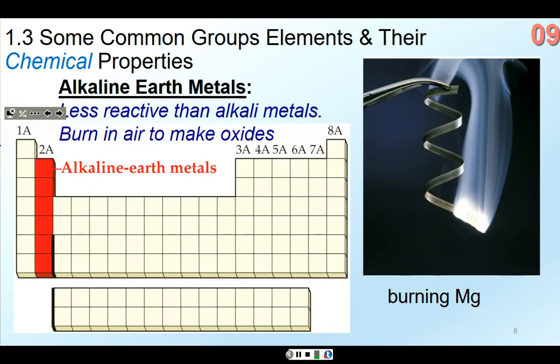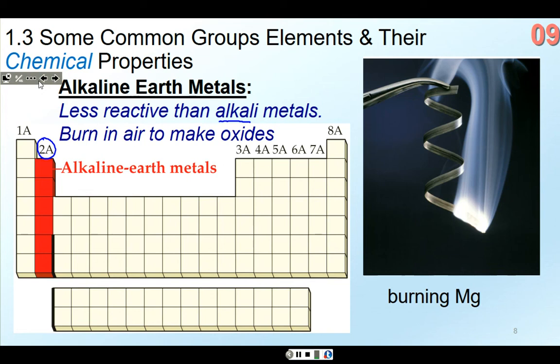The next group over, pardon me, is the alkaline earth metals. They are in what we describe as group 2A. The alkaline earth metals are again going to make alkaline solutions, which is why they're called alkali, but they're less reactive, not as violently reactive as their neighbors, the alkali metals.